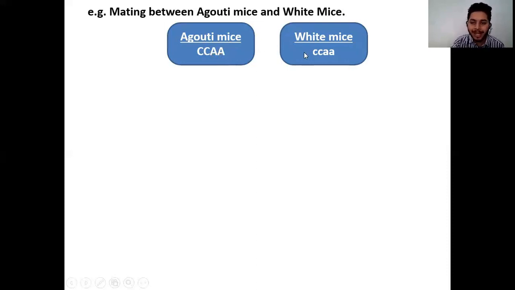The second mice that we have is a white colored mice, which is the default coat color at the epistatic locus when it is expressed. Now the epistatic locus has the recessive genotype, and therefore the epistatic locus will definitely get expressed and will not allow the expression of my hypostatic locus.